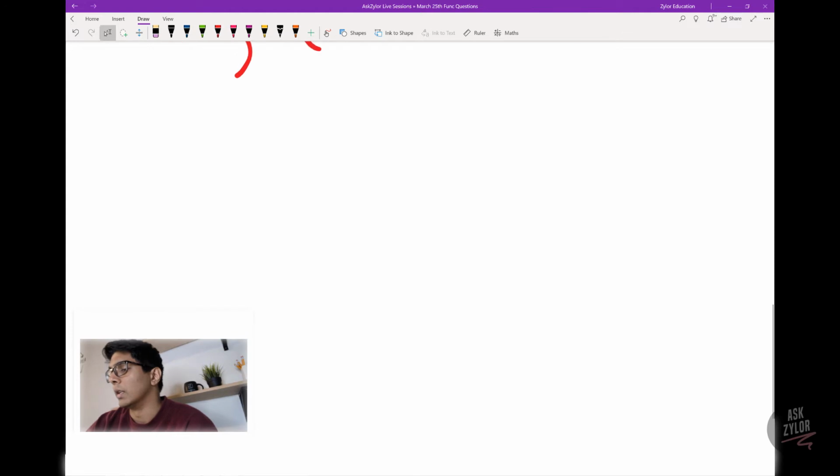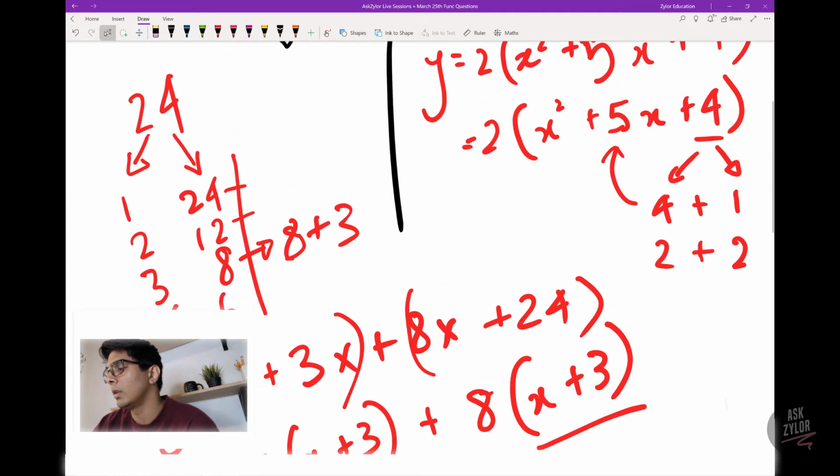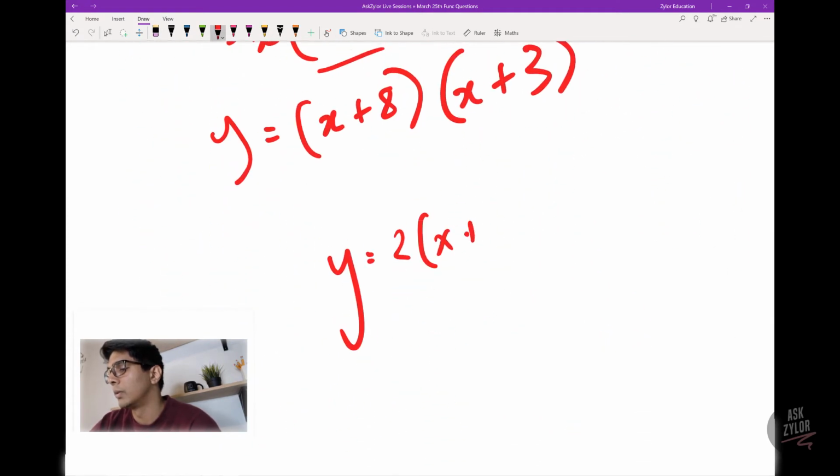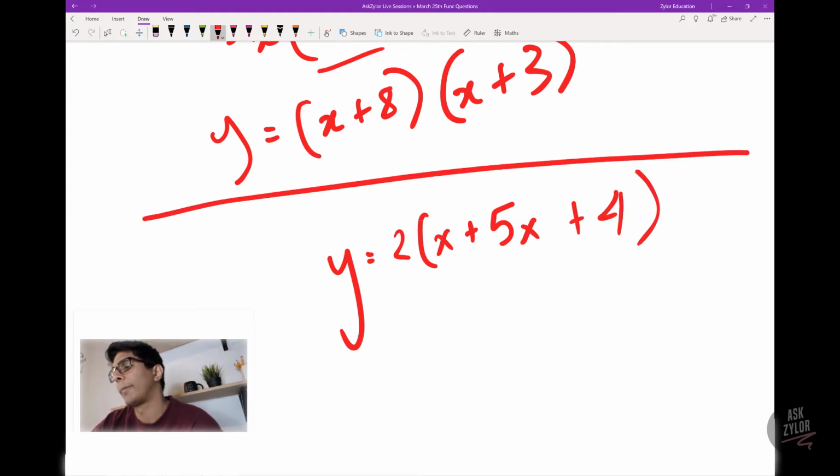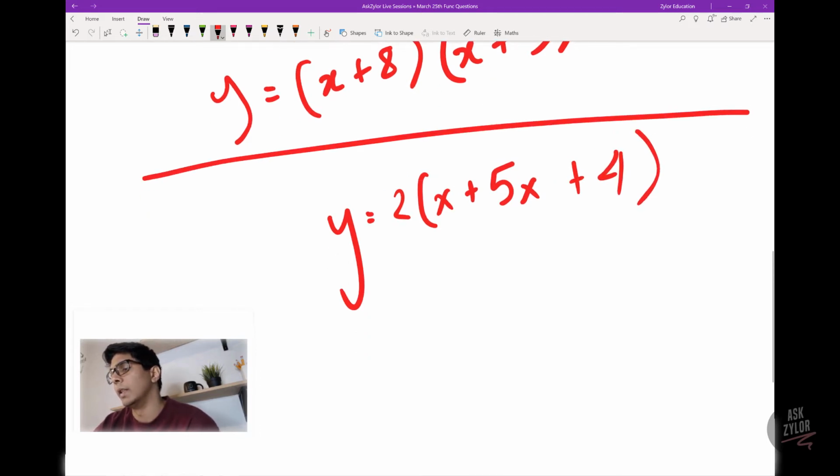I'm going to rewrite that down here. So y is equal to 2, which I factored out, times (x squared plus 5x plus 4). I determined that my factors are going to be 4 and 1, so I'm going to put the 1 in front.